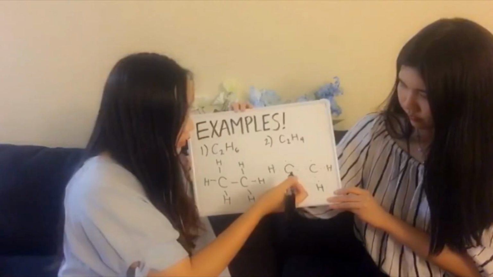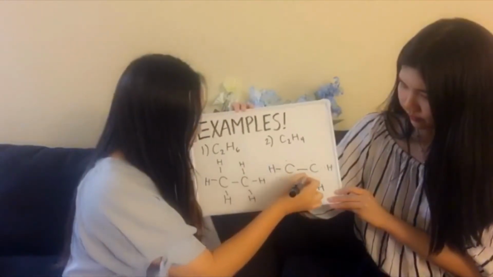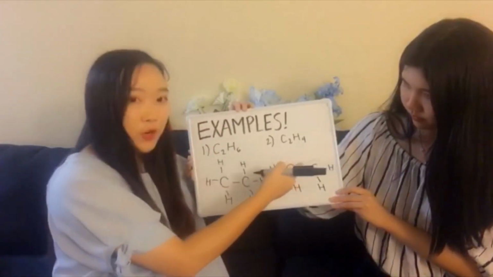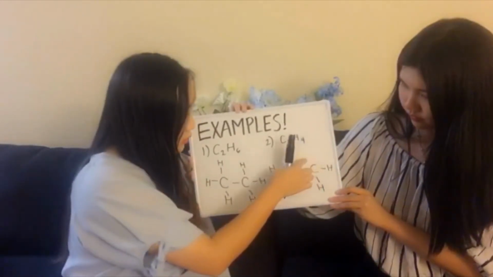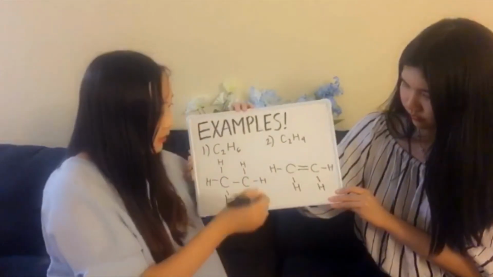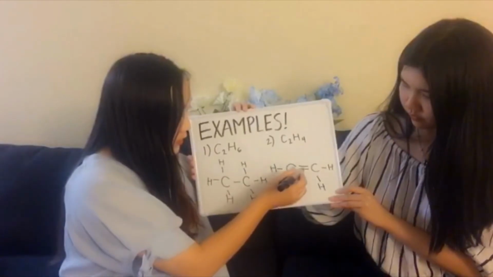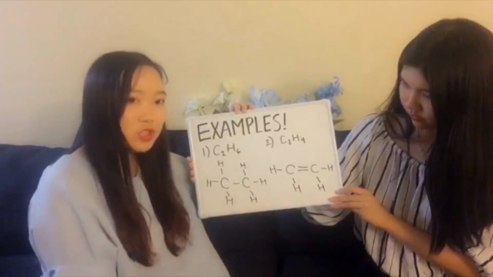Connect the 2 unpaired electrons to form a bond. Now we have 2 more unpaired electrons, but these need to form a carbon double bond to fulfill the octet. Now we can count the valence electrons: 2, 4, 6, 8, 10, 12. So this is the correct Lewis structure.